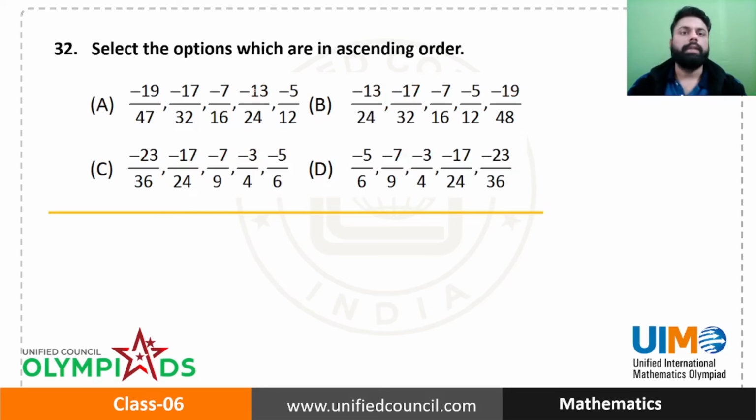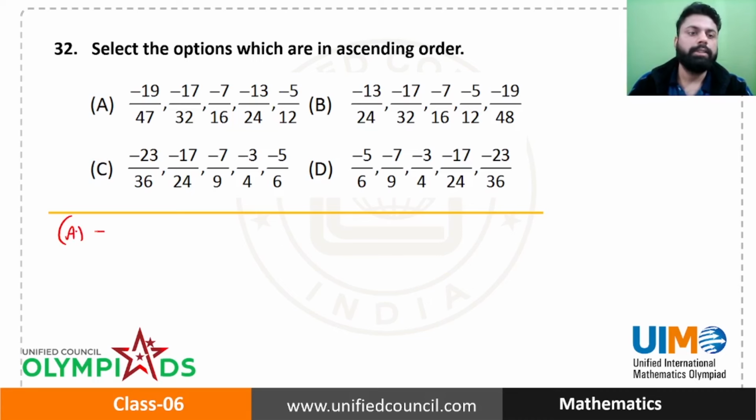Next one, select the options which are in ascending order. See, the first one: minus 19 upon 47, minus 17 upon 32, minus 6 upon 7, minus 7 upon 16, minus 13 upon 24, minus 5 upon 12. Let's roughly find out what these values are.